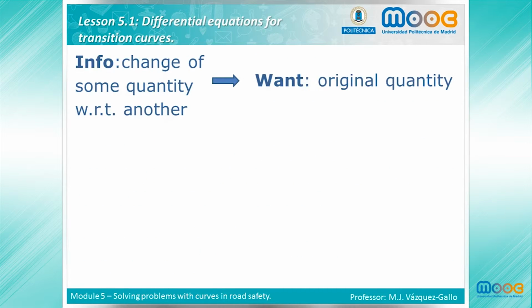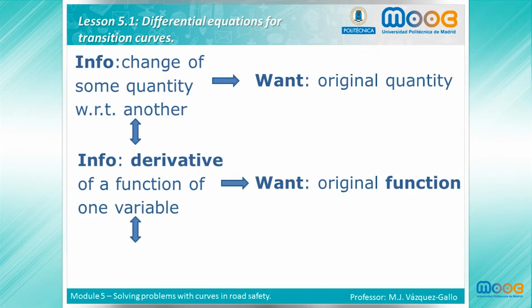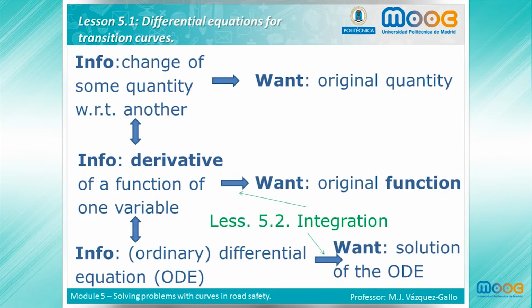In other words, we have info about the derivative of a function of one variable codified in an ordinary differential equation, and we want to find the corresponding function as solution of this equation. We will do that in the following lesson through the process of integration.